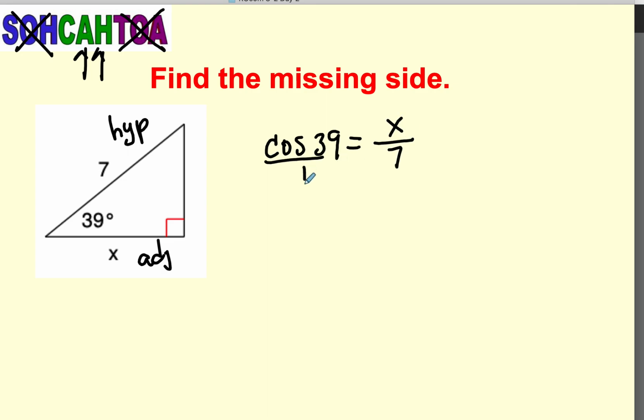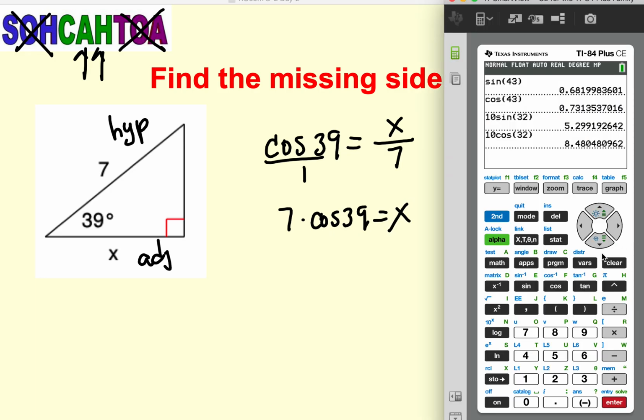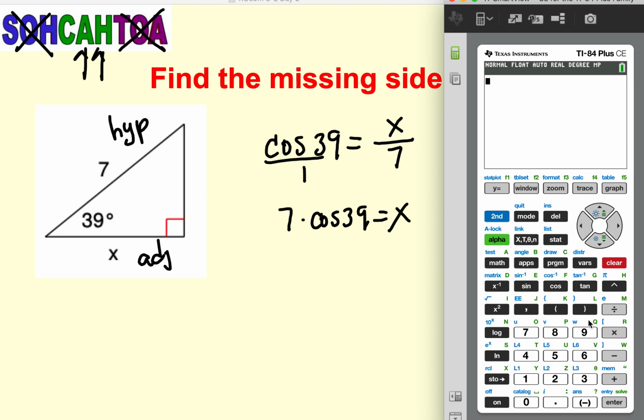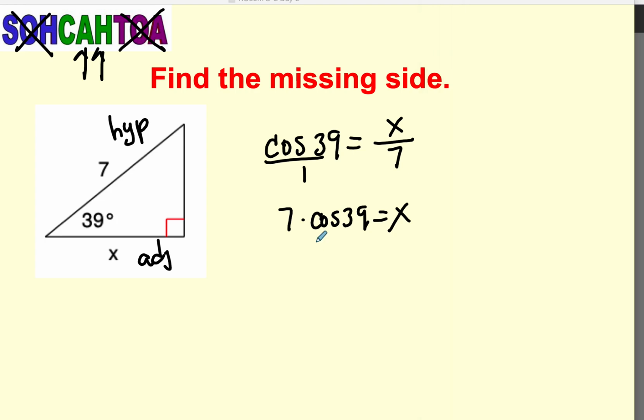Make it look like a proportion, cross multiply. Let the calculator do the work at the very end. So we don't need to see the decimal, we just need to let the calculator do it. So this is 7, and press cosine of 39. You really don't have to put the times sign in there. The calculator knows this is multiplication. And so this is going to be 5.4, which is approximately x.